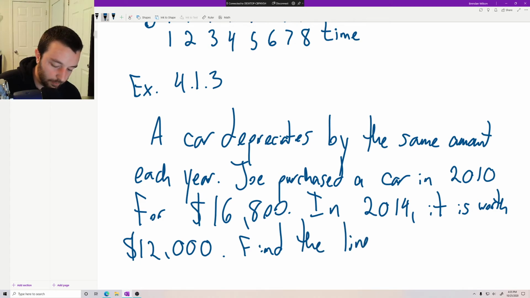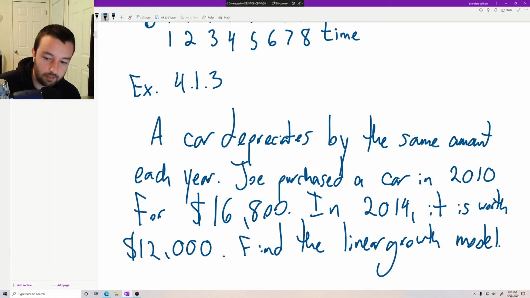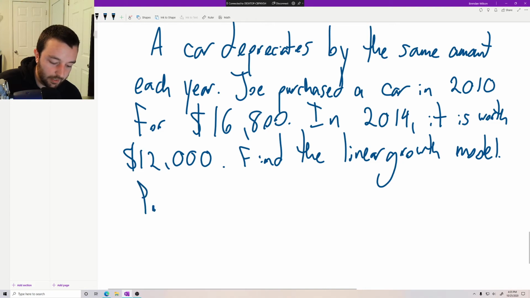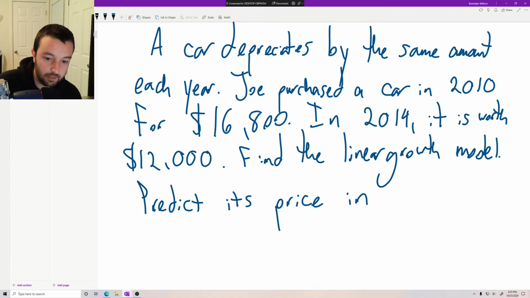Find the linear growth model, and then predict its price in 2020.